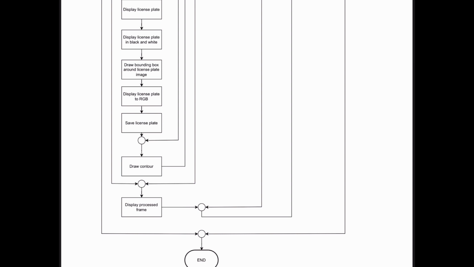The loop continues until all contours are processed and the processed frame is displayed. If a frame cannot be read successfully, the loop will break. If the video file cannot be opened successfully at the beginning, an error message is displayed.